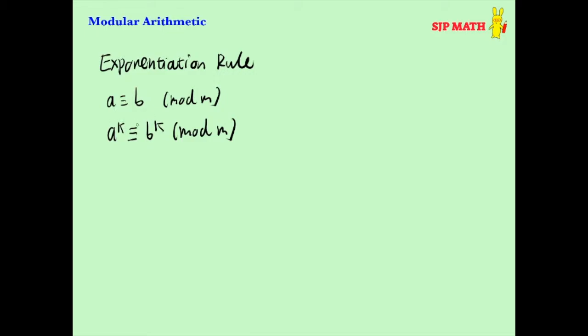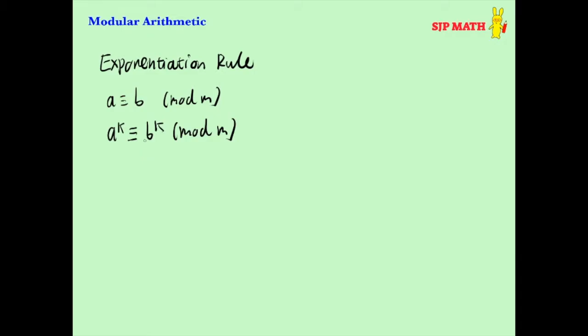Because if it's a negative power, then this is not going to be an integer. So K has to be a non-negative integer. So that's the exponentiation rule.